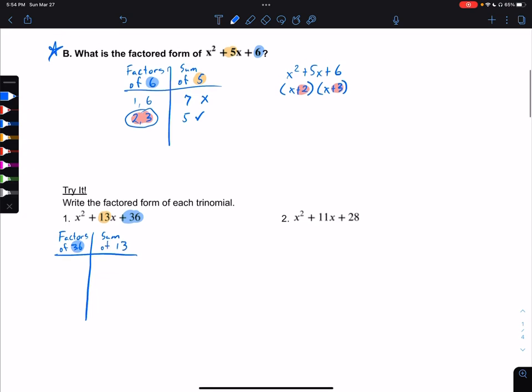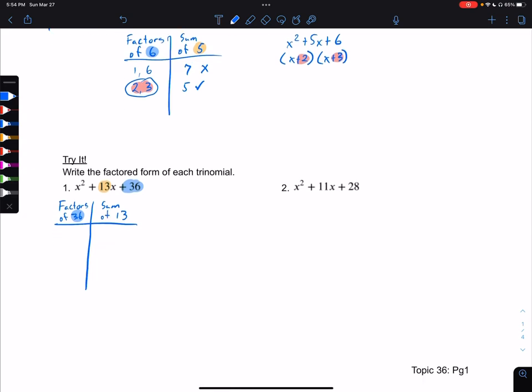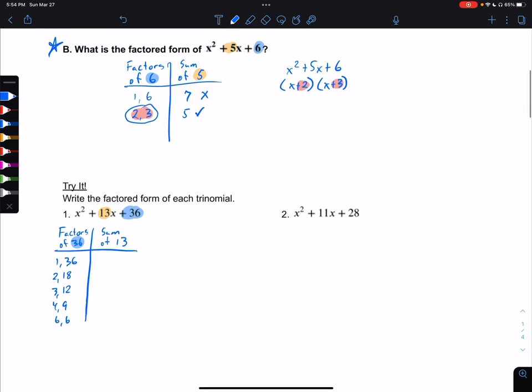So you would list your factor pairs, things that multiply to get 36. So 1 times 36, 2 times 18, there's a fair amount of them here, 3 times 12, 4 times 9, and 6 times 6. So you would then sum those up and find which pair adds up to 13, and that would be your factored form. So I'll leave the rest of that up to you.